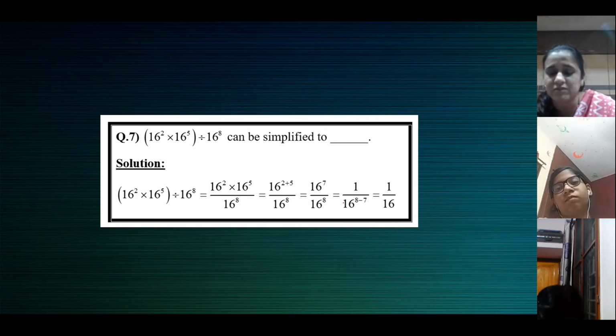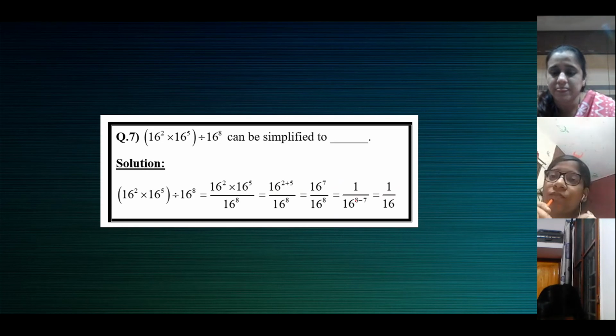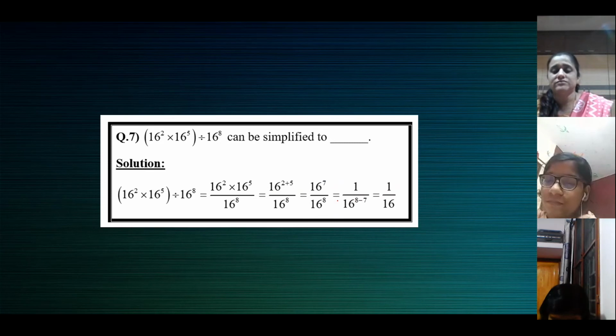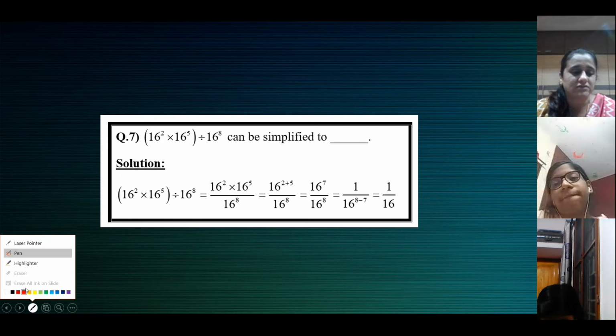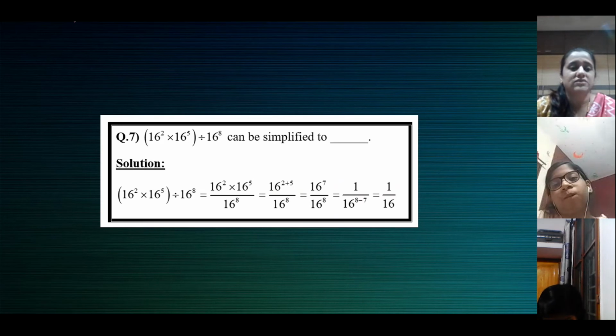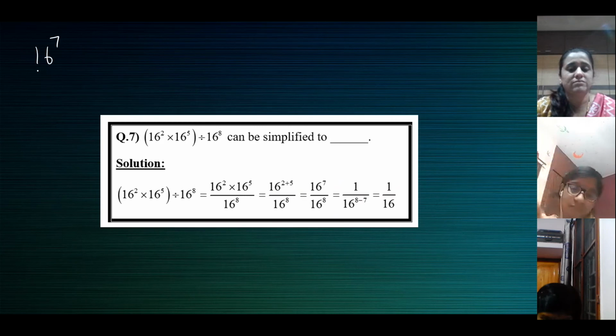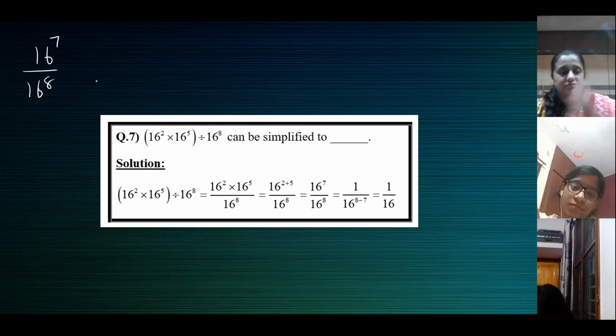You're writing 16 to the power 8 as it is in its own place, and you're bringing the power 7 down. 16 to the power 7 by 16 to the power 8.